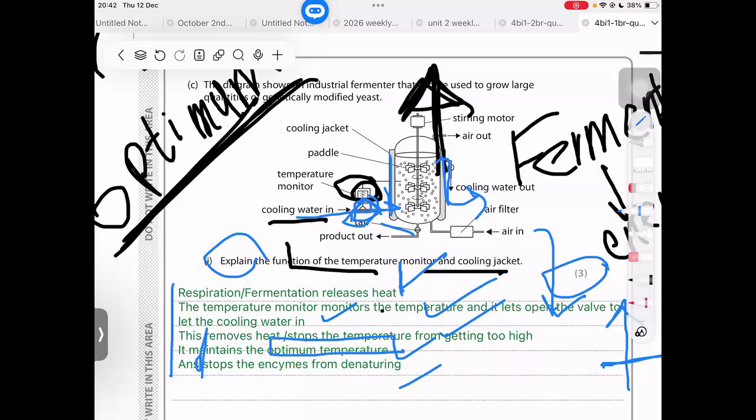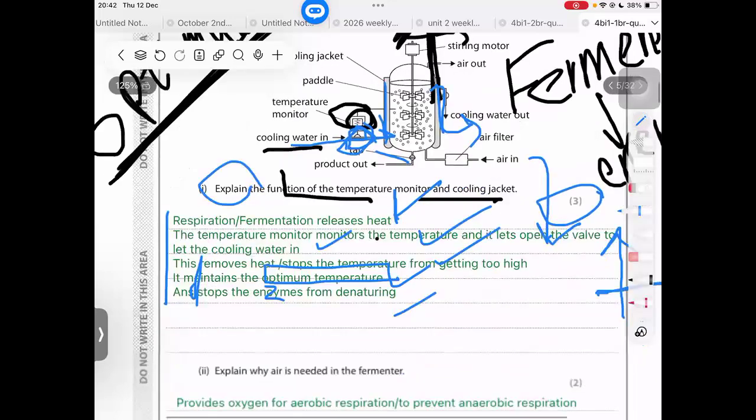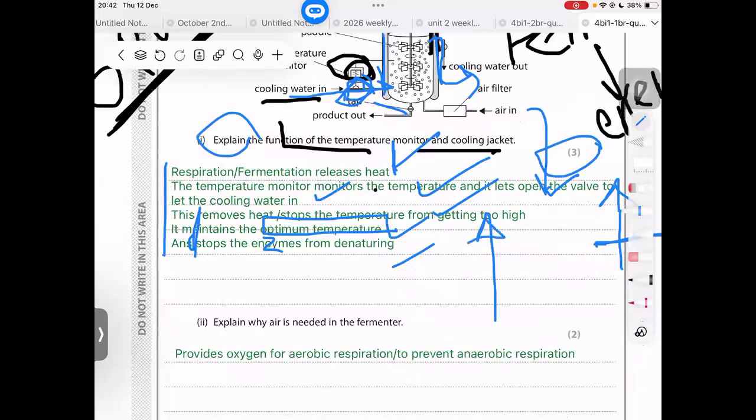To stop the enzymes from denaturing. If the temperature exceeds the optimum temperature, enzymes are proteins. Proteins get denatured, their shape changes. So to prevent this from happening, we have to maintain the temperature at the optimum temperature. If you have written any of the 3 points, you can get the 3 marks.